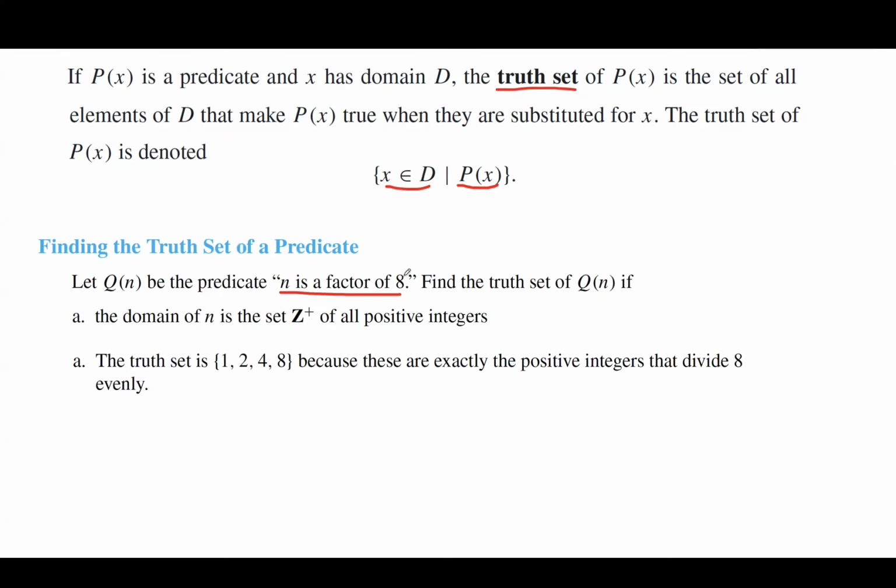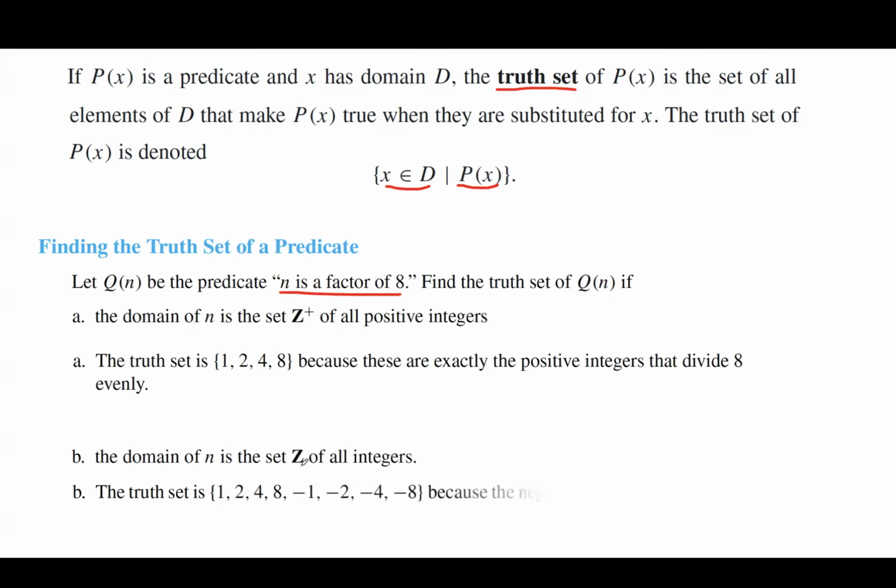When you divide 8 by each one of these numbers, you get remainder 0. If I change the domain to be just Z, meaning all integers, you include positive and negative numbers as well. So the factors of 8 are now plus minus 1, plus minus 2, plus minus 4, and plus minus 8. So now that you change the domain from positive integers to integers, we see a change in the true set as well.